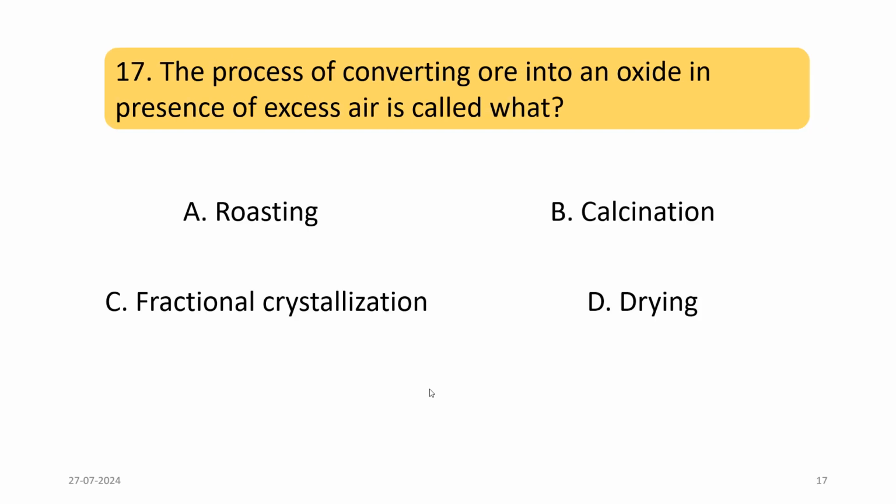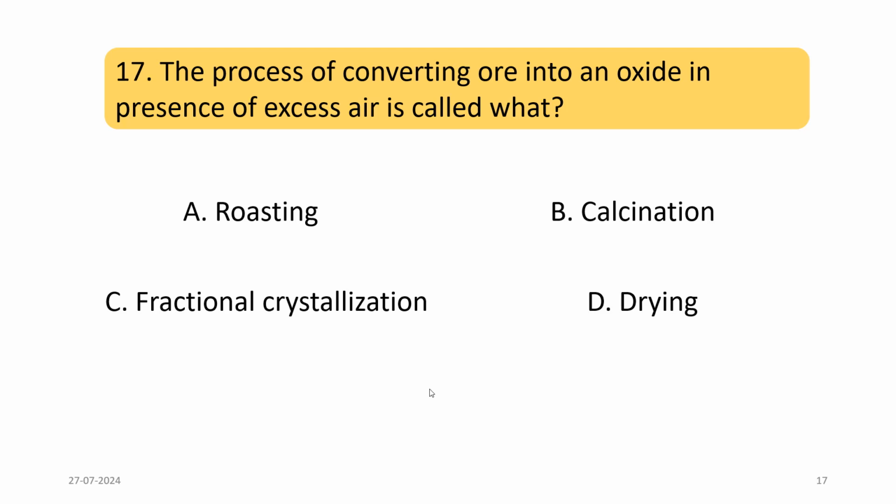Next, the process of converting ore into an oxide in the presence of excess air is called what? Calcination? No, calcination is in the absence of air, and here it is said to be in the presence of excess hot air. So both are different.